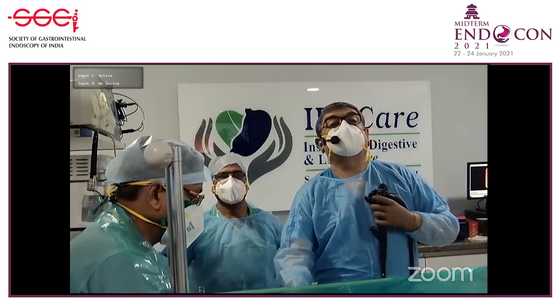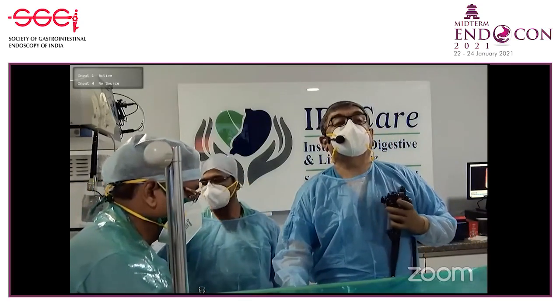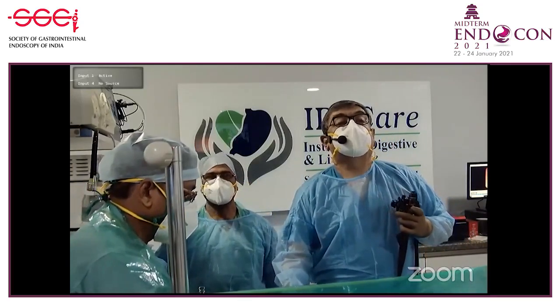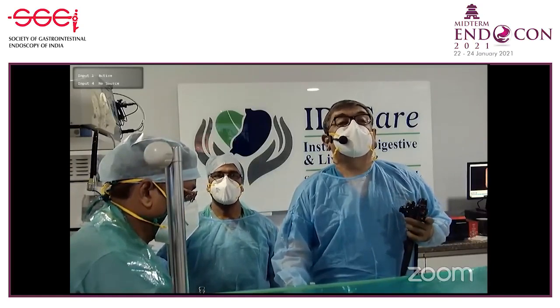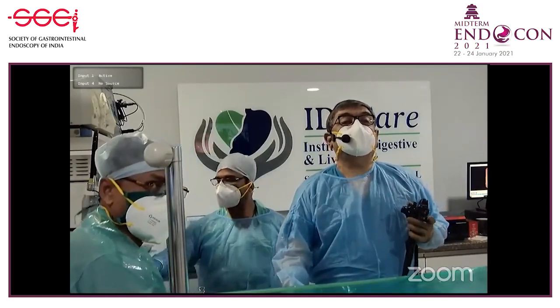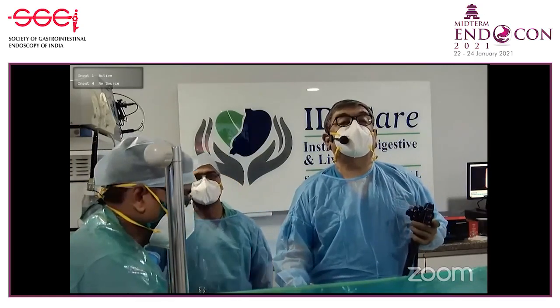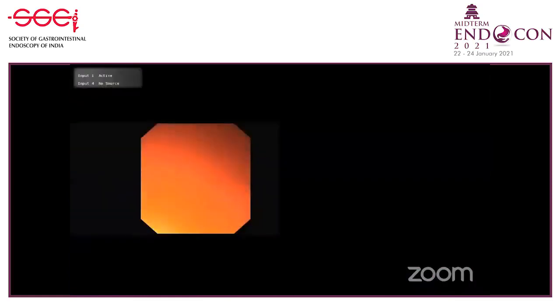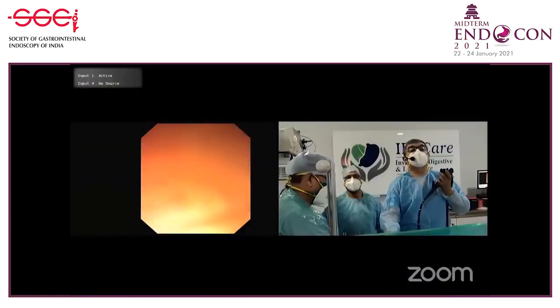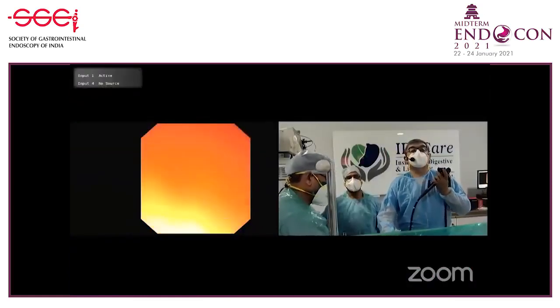We have Dr. Dharudkar with us, our anesthetist. Passing the scope, you have to be careful because the bending section of the scope is a little long, but nowadays the scopes are very good, so you can pass pretty easily, but remember not to force. Gently go in, and now we are in the esophagus.